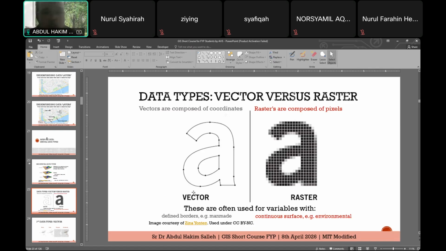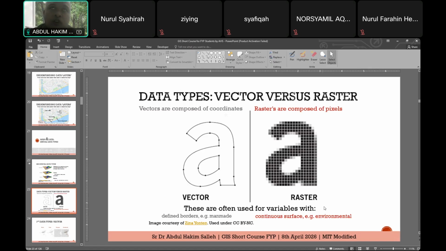But we need to use both of these data, because vectors are more suitable for something that contains a lot of manually input data. As compared to raster, it is in a form of continuous surface.